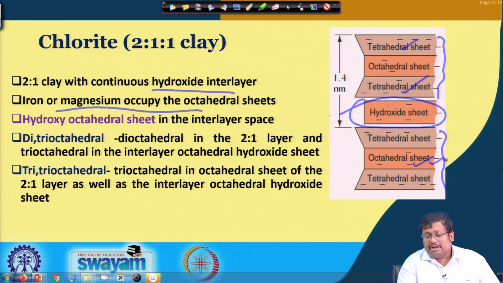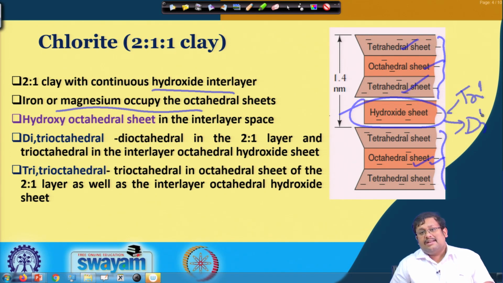iron and magnesium occupy the octahedral sheet. You can see these octahedral sheets are dominated by either iron or magnesium, and this hydroxide octahedral sheet in the interlayer space may be trioctahedral or it may be dioctahedral.